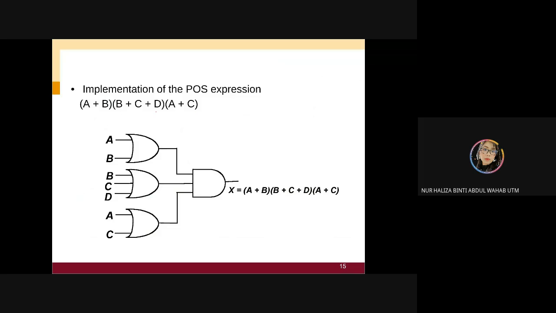Okay, now this is an example. Let's say you were given this POS. You can also come out with your circuit. From this to circuit, you can basically conclude by yourself. How to conclude? Okay, this is your POS circuit.